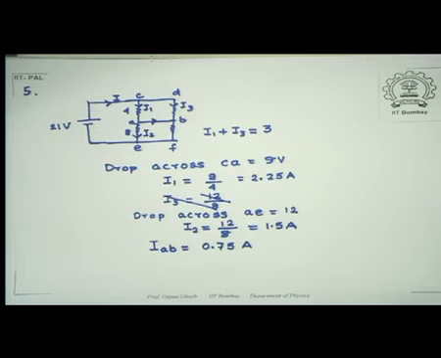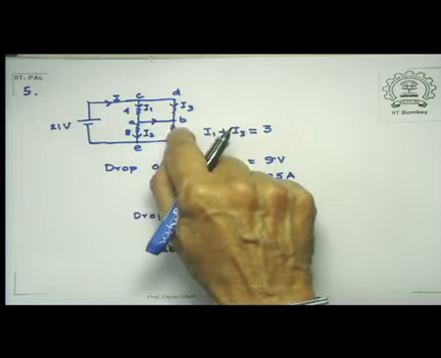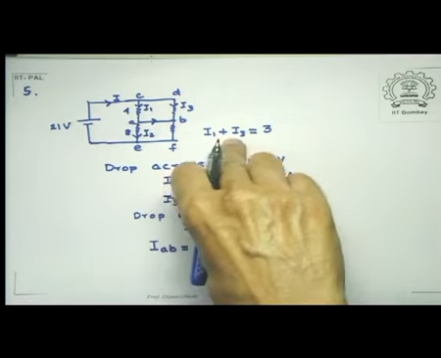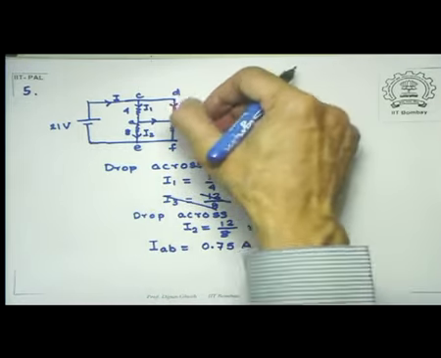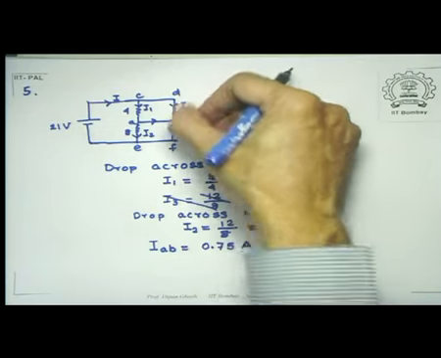Now what you can do is a consistency check by repeating this calculation here. This drop was 9 volts.